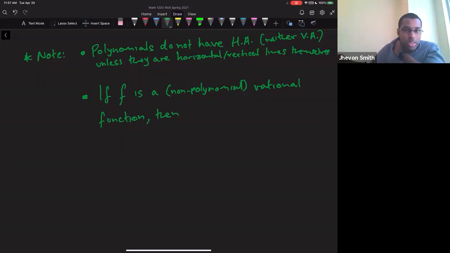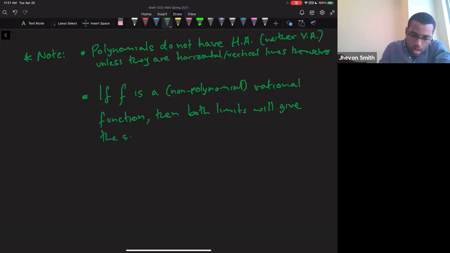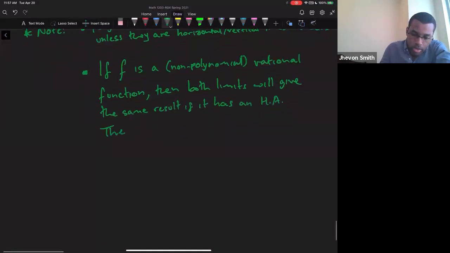Just say, oh, this is a polynomial, so it has none. In the event that you're looking at a rational function, a ratio of two polynomials that is not itself a polynomial, then it turns out both limits will give the same result if it has an HA.